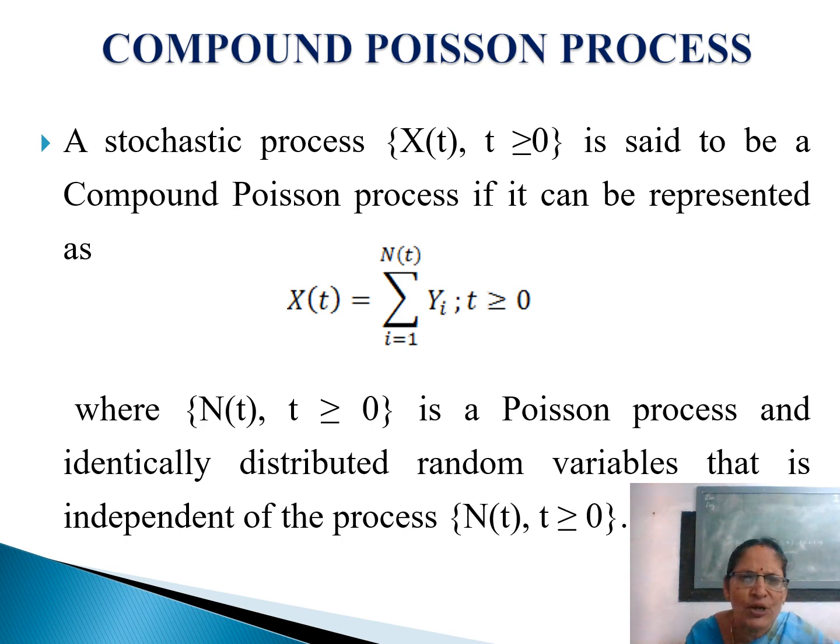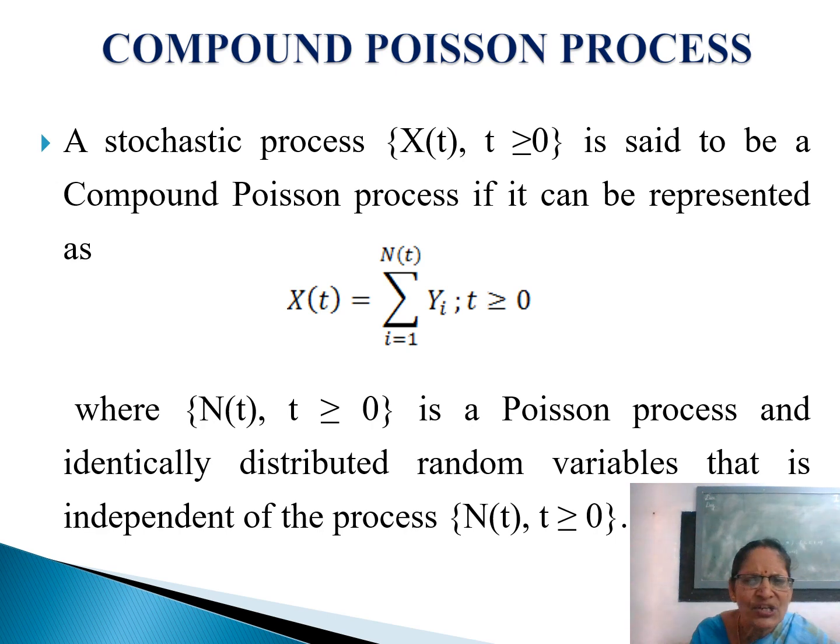Compound Poisson process. A stochastic process, namely the collection X(t), t greater than or equal to 0, is said to be a compound Poisson process if it can be represented as X(t) equal to the summation over i varies from 1 to N(t) of Yi, where t greater than or equal to 0.